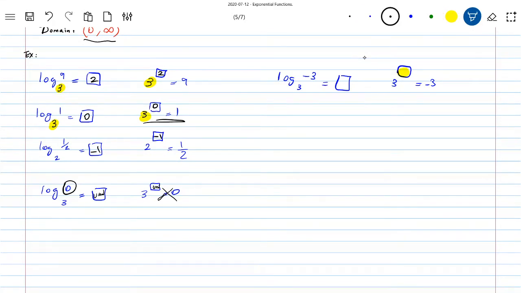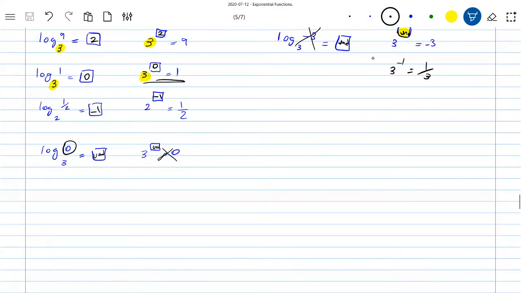It's not possible to pick any number, so this is undefined. There is no x value that 3 to that power gives you -3. 3 to the power -1, if you say -1, that is incorrect because that is 1/3. So there is no y value. It's not possible to replace a negative number. You can think about the square root. But for square root, there are complex values. Here, we don't have any complex results either. It's an undefined value.